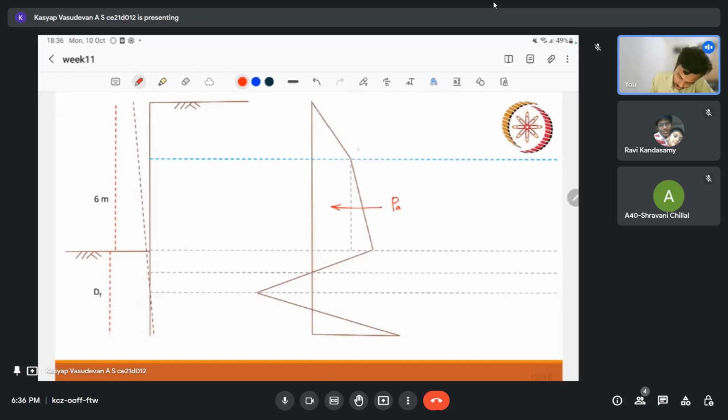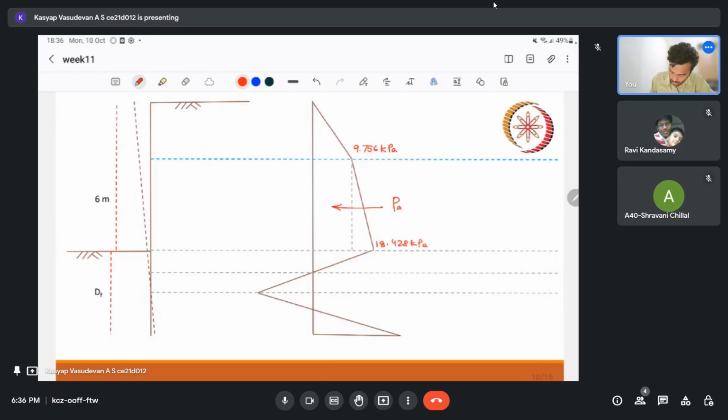Here we know it is 9.756 kPa, and here we know it is 18.428 kPa. So from this figure, if I divide this as 1, 2, 3, and 4, I can add all the areas and I'll get the PA.